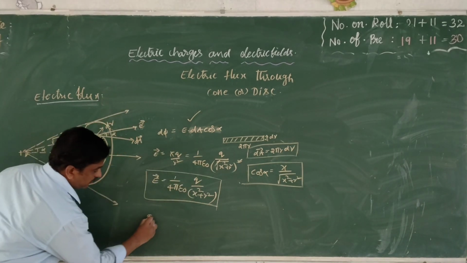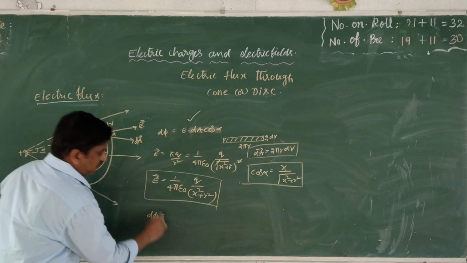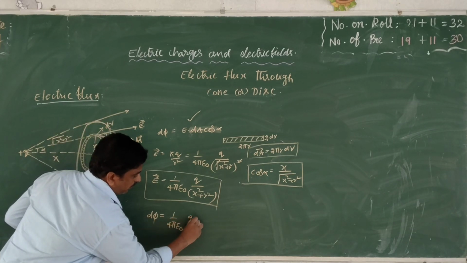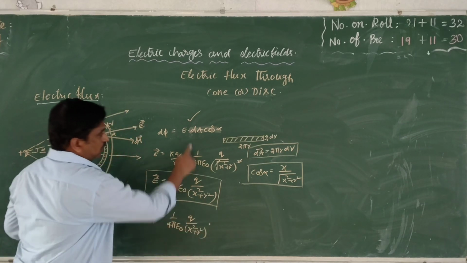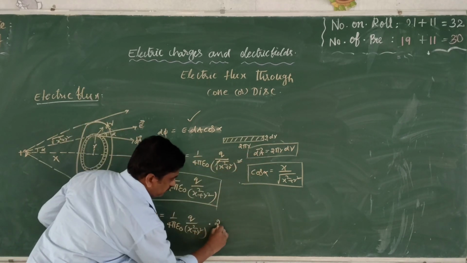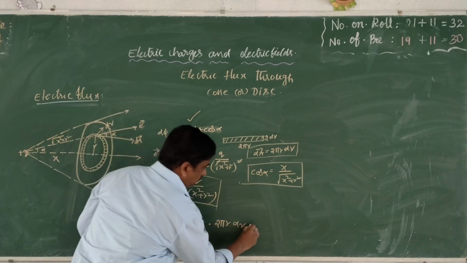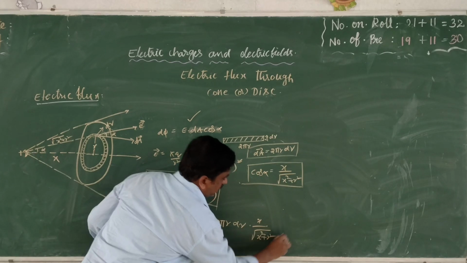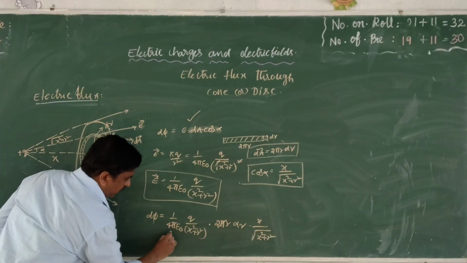We can write d phi equal to 1 by 4 pi epsilon naught, q by x square plus r square, into dA, which is 2 pi r dr. And cos alpha is x by root of x square plus r square. Here the 2 pi cancels, and 2 remains.